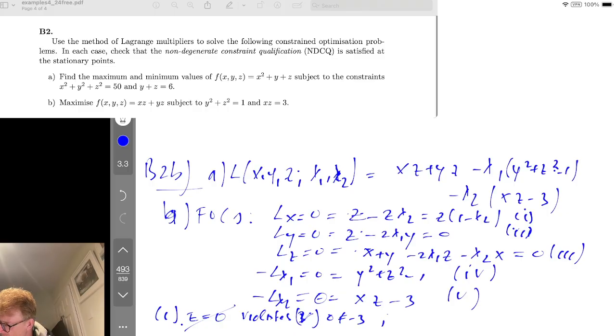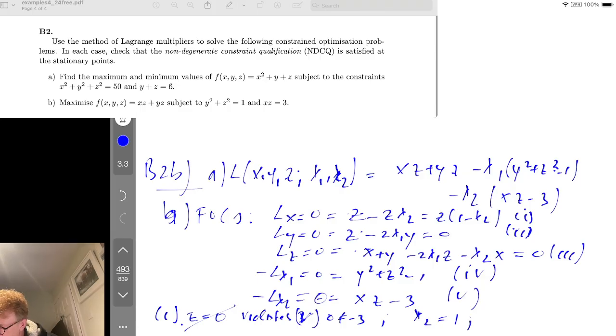We only have lambda 2 is 1, the only case which remains. So that solves 1. Lambda 2 is 1 is nice, because then the x and the minus lambda 2 x cancel.